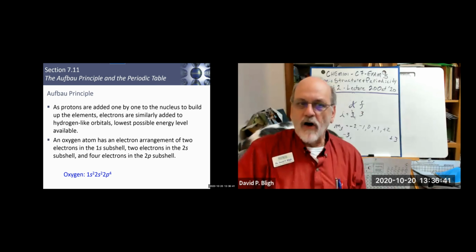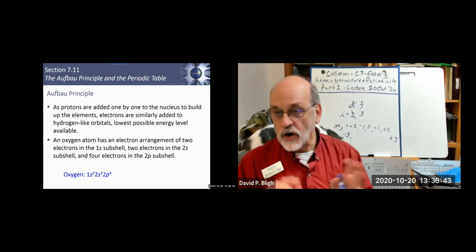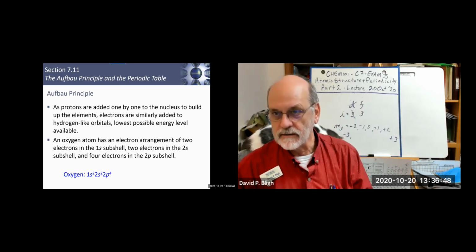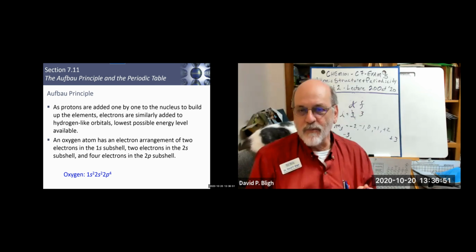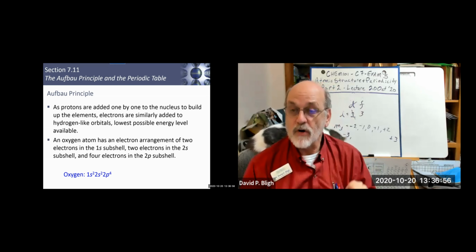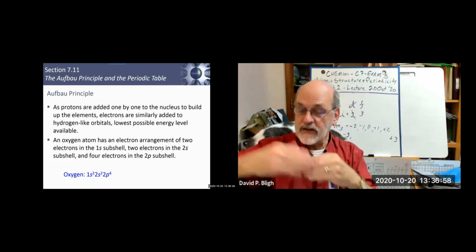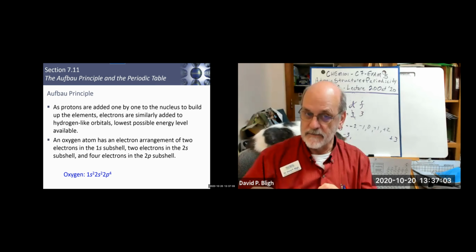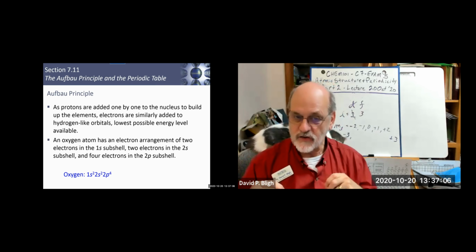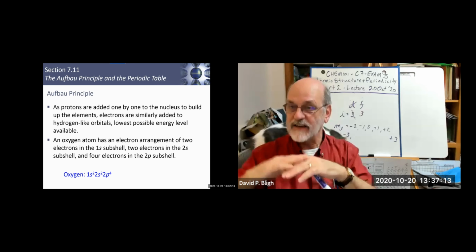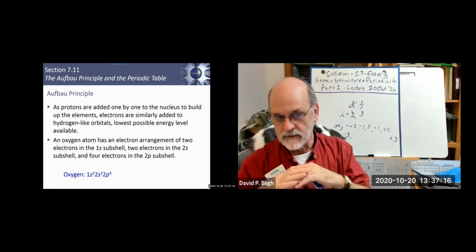Okay, the Aufbau Principle. I don't know German, but I'm told that Aufbau means something like, here's how you do it. The Aufbau Principle states that when you add a proton to go to the next element, then you add another electron to it. And when you add that electron, it enters into the next lowest energy level. It doesn't go way up high, it goes to the next lowest available energy level.